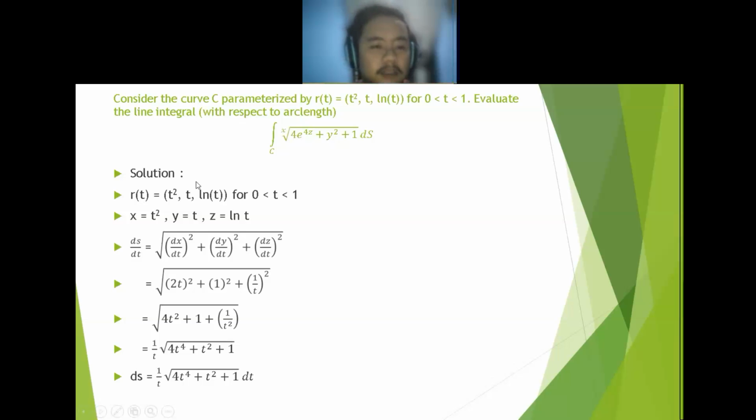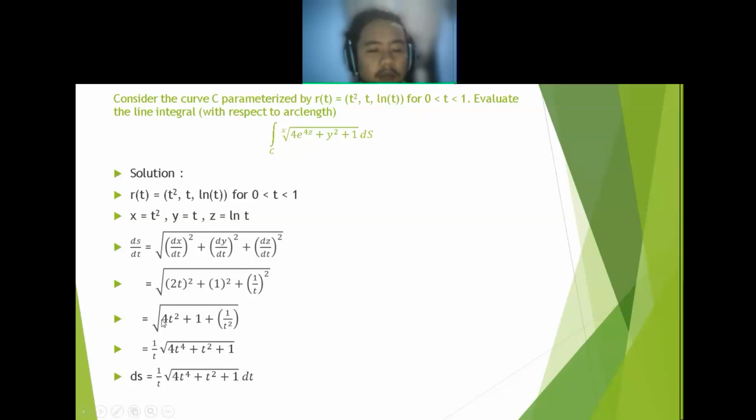From this, we substitute x equals t to the power of 2, y equals t, and z equals ln t. For ds over dt, the formula is the square root of x prime to the power of 2 plus y prime to the power of 2 plus z prime to the power of 2. We substitute t in this formula, differentiate, and get the square root of (2t) to the power of 2 plus 1 to the power of 2 plus (1 over t) to the power of 2.